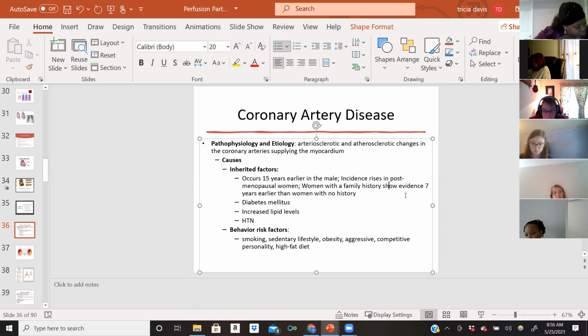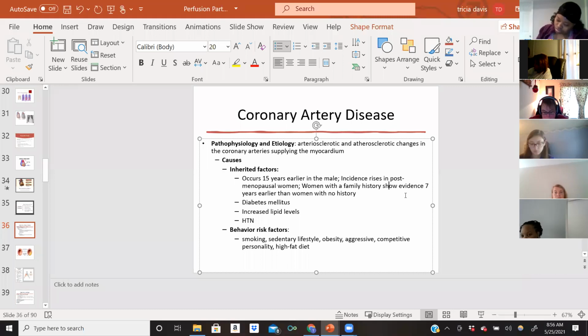We do see a correlation with coronary artery disease and patients that have diabetes mellitus, because we know that one of the causes of diabetes is not having a good diet intake. It's also from being sedentary and not exercising. So diabetes, poor diets, being sedentary, they're all associated with high cholesterol levels as well, increased lipid levels, and then hypertension.